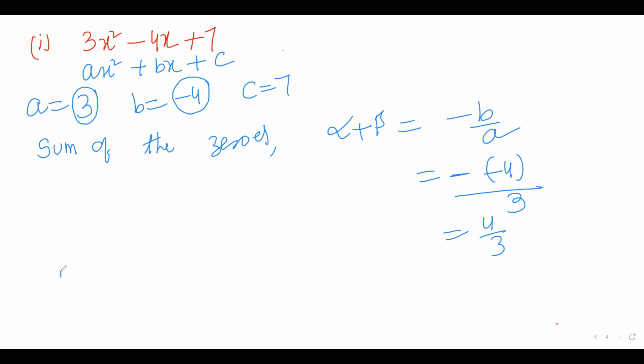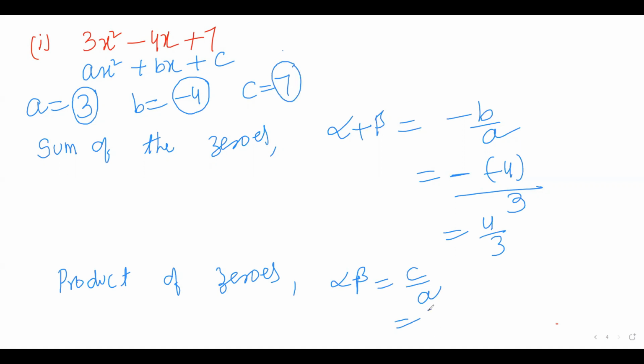Similarly, product of zeros, alpha into beta, is equal to c by a. c is 7, a is 3, so 7 by 3. So we got the sum and product of zeros.